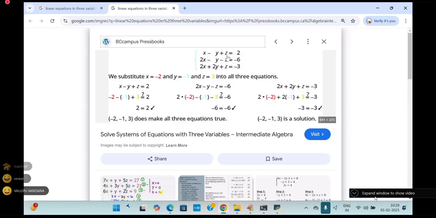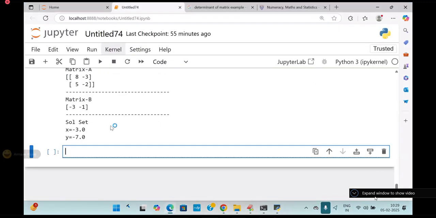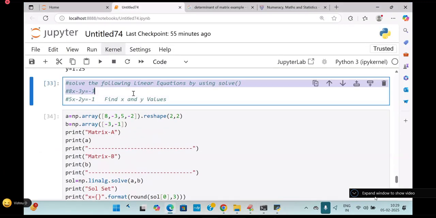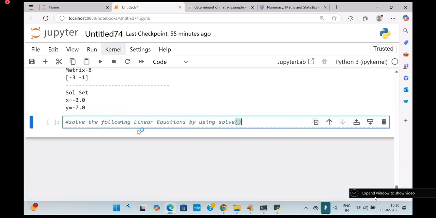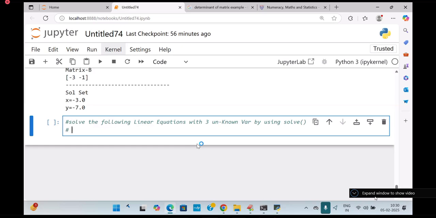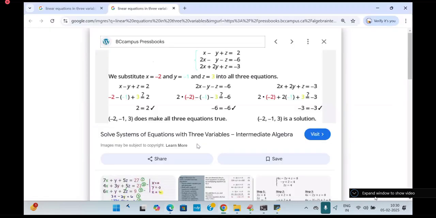So shall we write this now? Go to 3 equations. Solve the equations with 3 unknowns. Here I am writing: solve the following linear equations with three unknown variables by using the solve function. The first one: x minus y plus z is equal to 2.